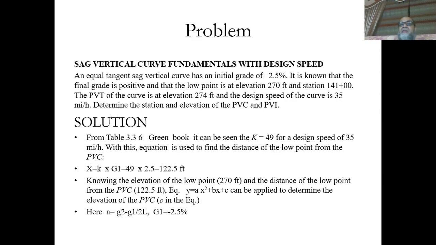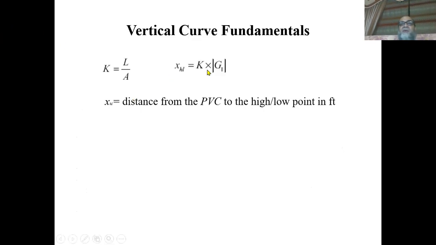Remember, as we were learning those curve fundamentals, this G1 value is absolute. That means it will always be positive, since the distance cannot be negative.